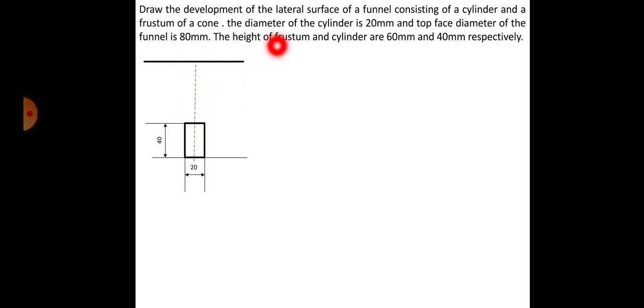The height of the cylinder is 40, the height of the frustum is 60 mm. So you need to draw a line of 60 mm, and exactly from the center of this line it should be 80. 80 means 40 on this side, 40 on this side. Then you have to join it from here to this end and from here to this end.